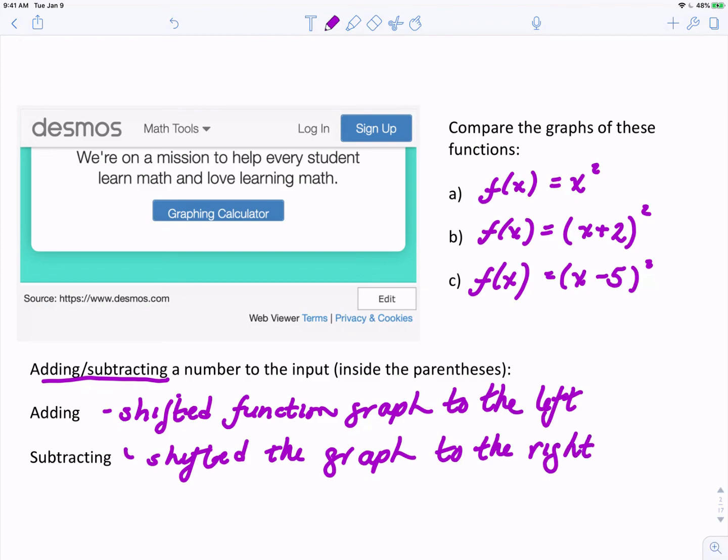And the number of units it shifted corresponds with this number. So for B, this one was shifted to the left 2 units, and this one was shifted to the right 5 units. So when you add or subtract a number to the input, in other words, inside the parentheses, it shifts your graph right or left.